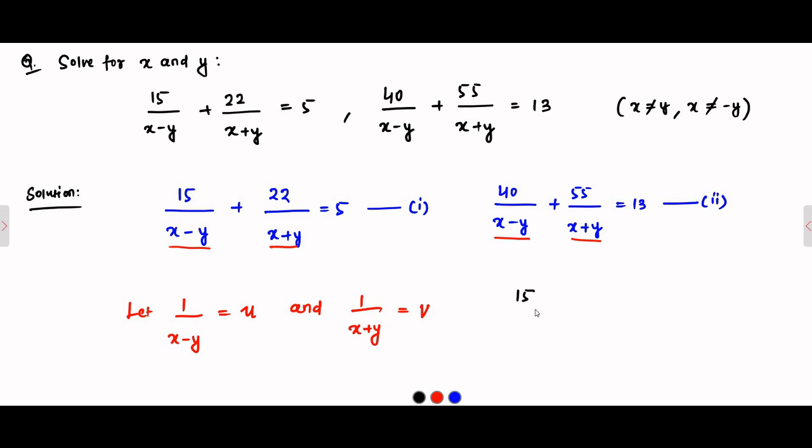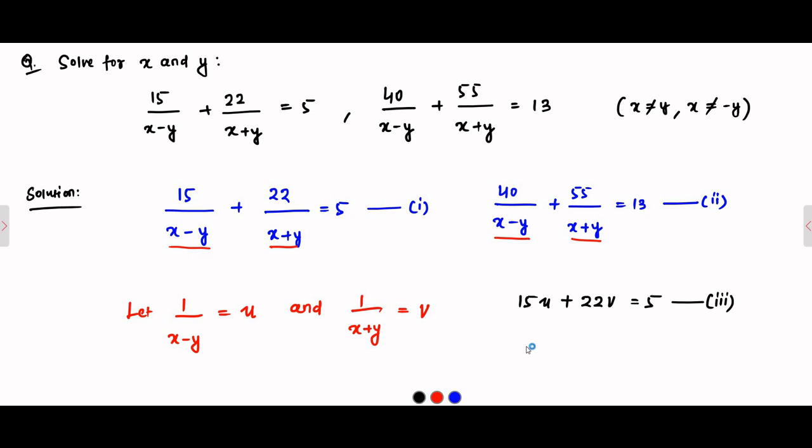When we make these substitutions, we get 15u, not 15 by u, by mistake I have written 15 by u. Okay, 15u plus 22v is equal to 5. Let's call it equation 3.